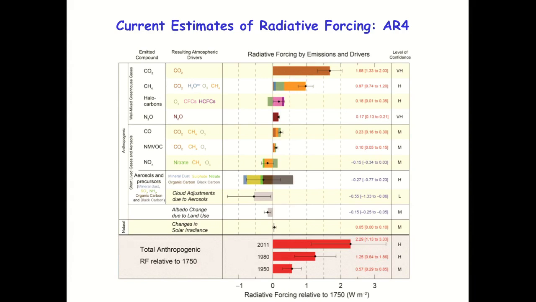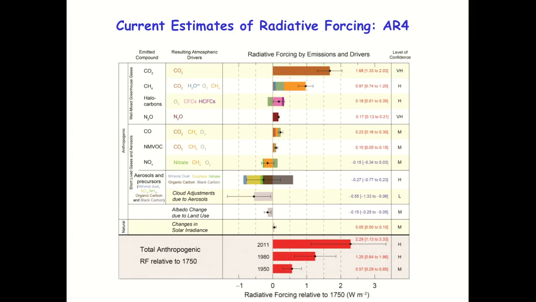And again, changes in solar radiation. Now as we get more and more data, and we have more and more confidence, as you can see in the final column, what that's allowed us to do is to look at the radiative forcing relative to pre-industrial, 1750, as a function of time now. So these graphs show the radiative forcing total due to anthropogenic emissions in 1950, 1980 and 2011 compared to 1750.